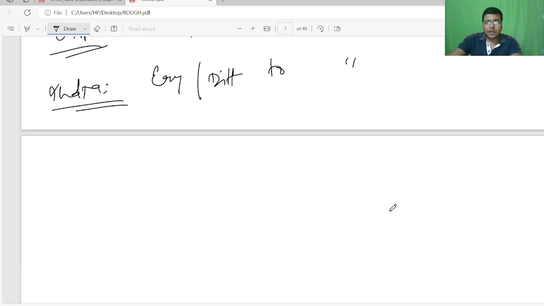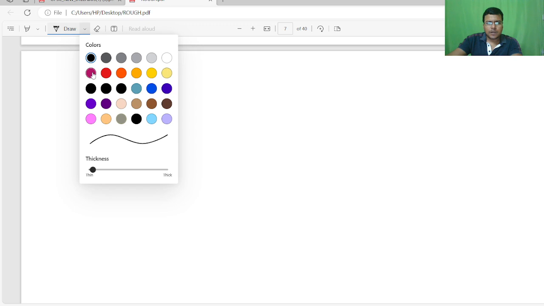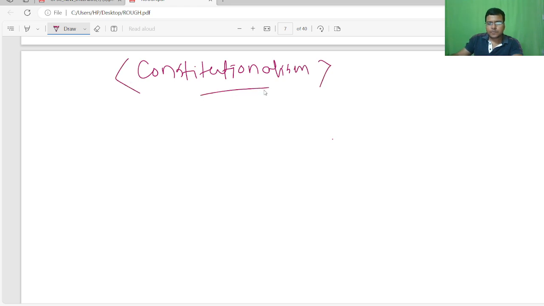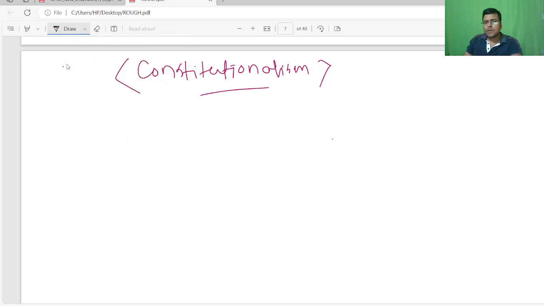After that, another idea related to constitution, that we have discussed many times in class, you have also heard the concept of constitutionalism. Many times you have already heard this word, constitutionalism. From constitution, this word is constitutionalism. So what is constitutionalism?